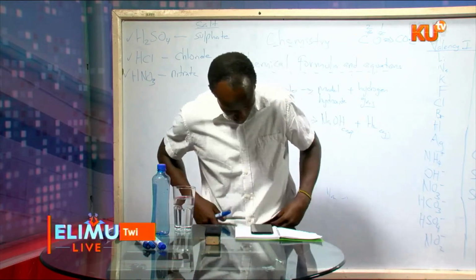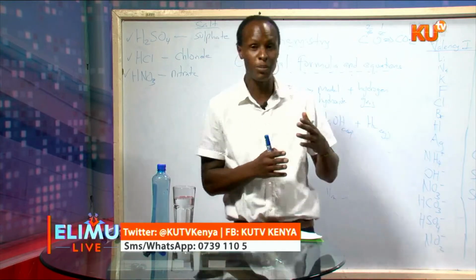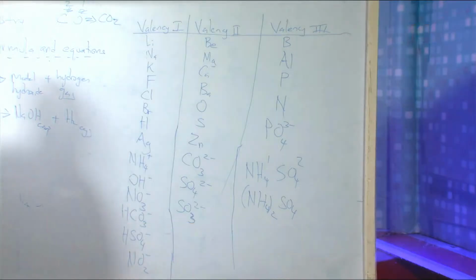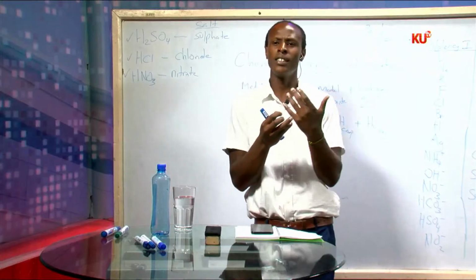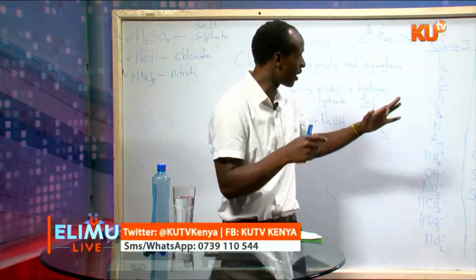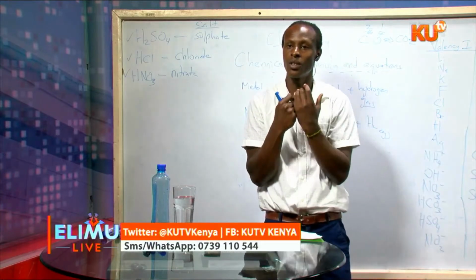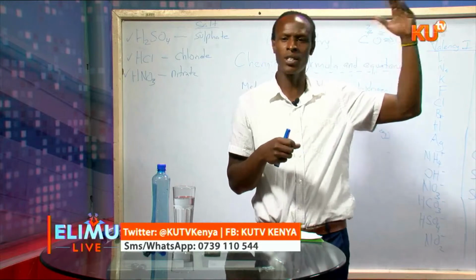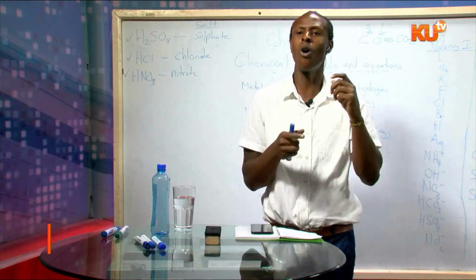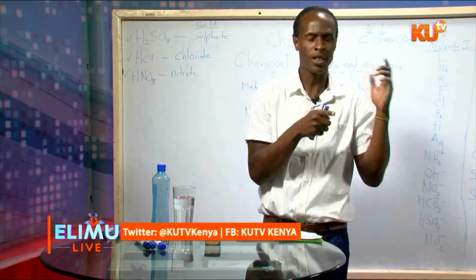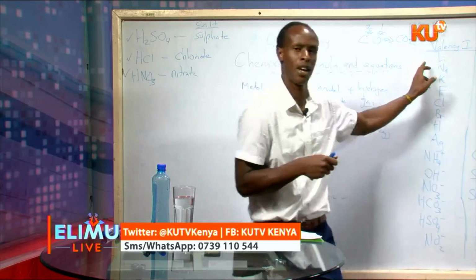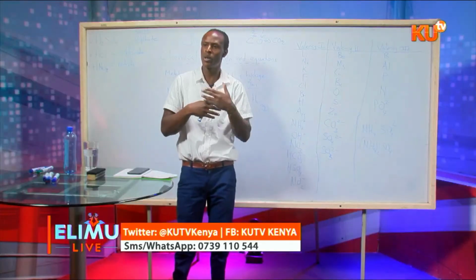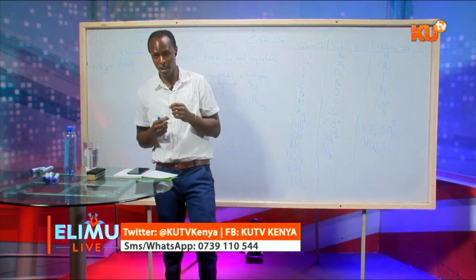We have Lee from Nakuru asking the difference between electropositivity and electronegativity. For electronegativity, we have halogens. Halogens attract electrons. That's how they form ions. When they attract electrons, we can say the one which attracts an electron very fast is more electronegative. The one which loses an electron, like sodium, is more electropositive, because when you gain electrons, you become negatively charged.